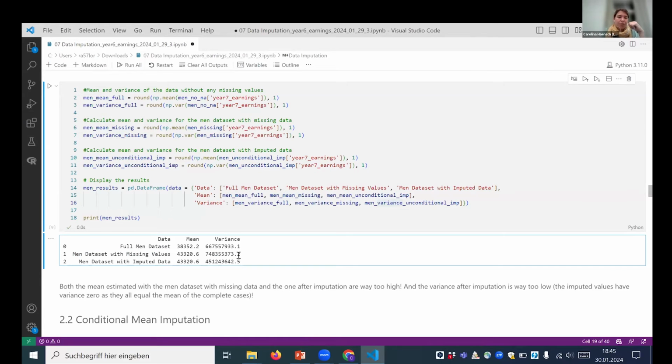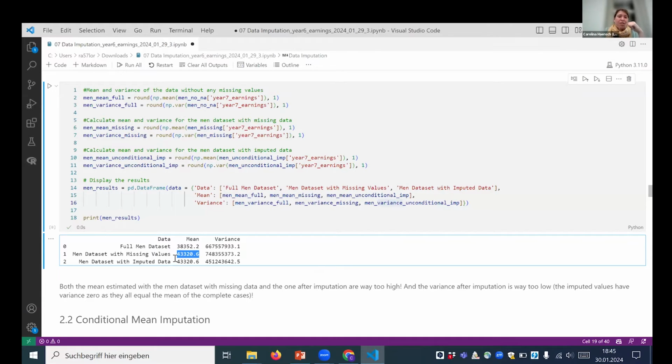And for example, here you can see big differences in the estimated income between this full data set and the data set with only the complete cases. So as I mentioned, there's a huge bias if we just do complete case analysis in this case.